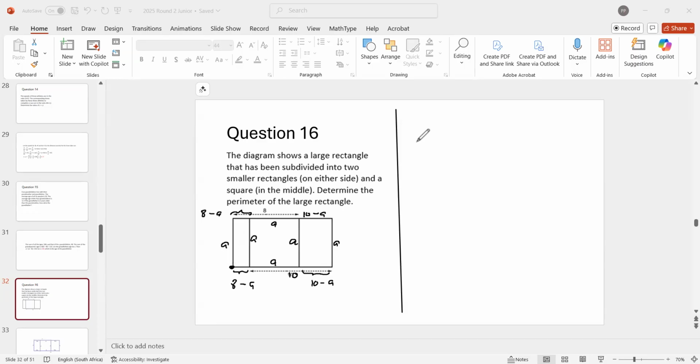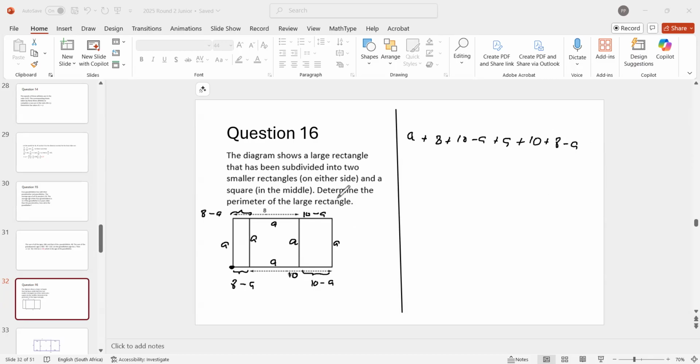You got A plus, I'll add the whole 8 one time, plus 10 minus A. So I've got A, 8, 10 minus A. Come down here, another A here. Now add the whole thing here, it'll be 10. And then you got one more 8 minus A.